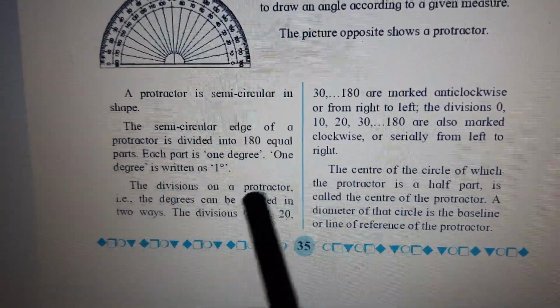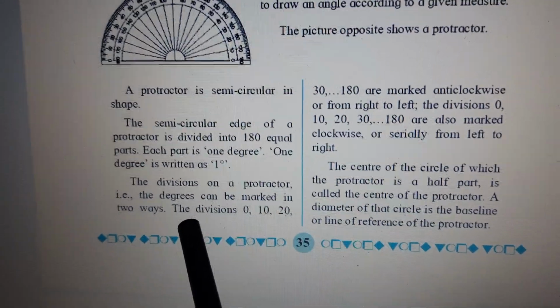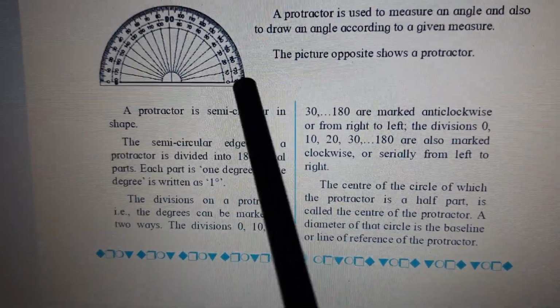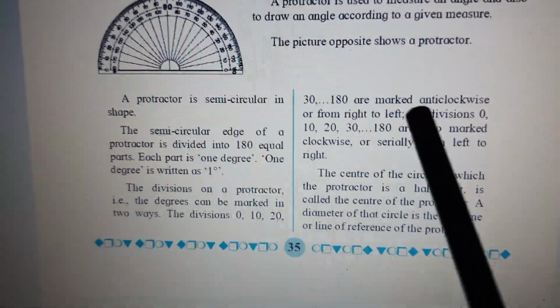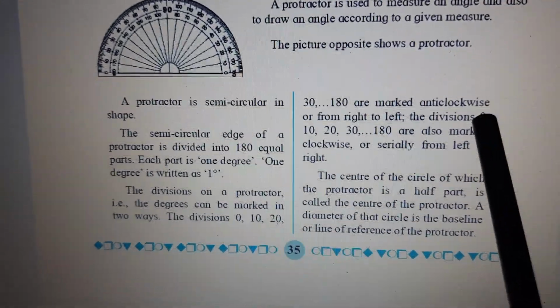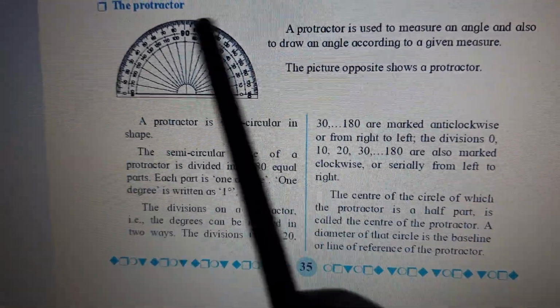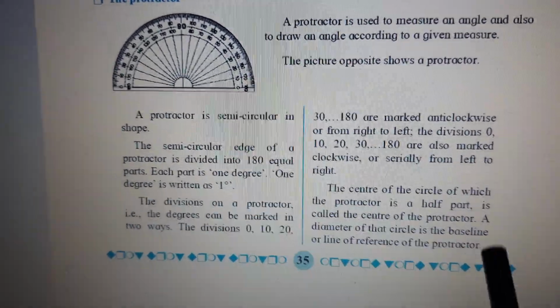The divisions on a protractor, that is the degrees, can be marked in two ways. The divisions as 0, 10, 20, 30 up till 180 are marked anti-clockwise or from right to left. This is anti-clockwise. Okay?